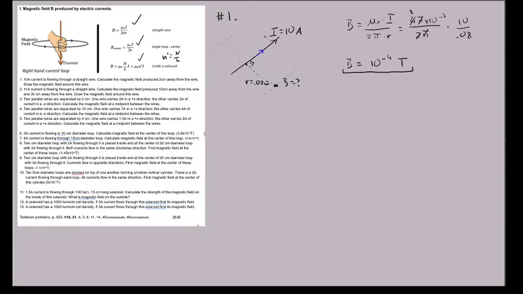It comes from under the wire, then it just loops around like that. It goes this way. Maybe I'll do one more here, like that. All right, I think that'll do. If you want to, you can draw more of these magnetic field lines, but I think 2 will do. So that's number 1.